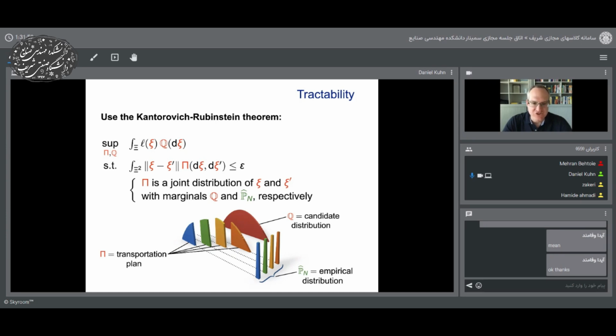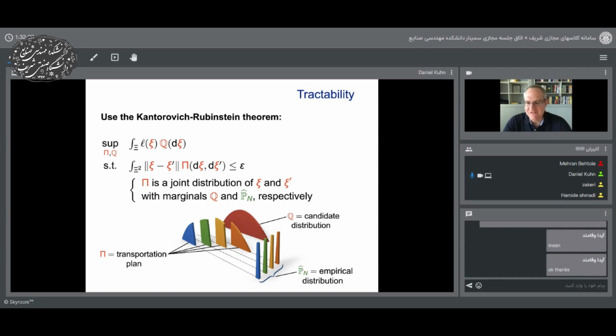Of course, if this Wasserstein distance is smaller or equal to epsilon, it means that there exists a joint distribution capital pi of Xi and Xi prime, under which Xi has marginal Q and Xi prime has marginal P hat N, such that the transportation cost from Q to P hat N, given by pi, is smaller or equal to epsilon. Okay? So this is just the Kantorovich-Rubinstein theorem.